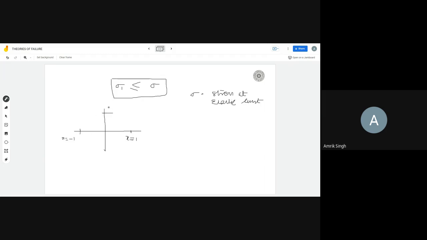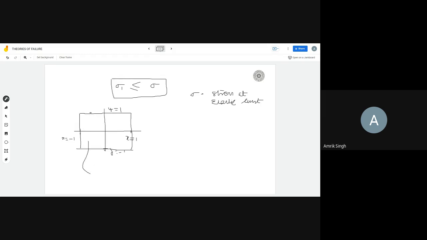So here y is equal to 1 and here y is equal to minus 1. If you draw this, this will give us the region where the material is going to be safe.